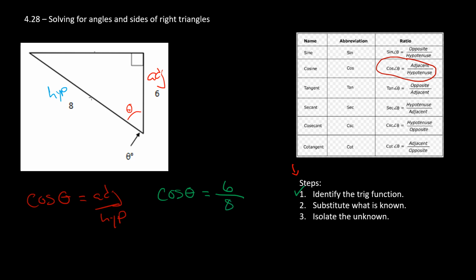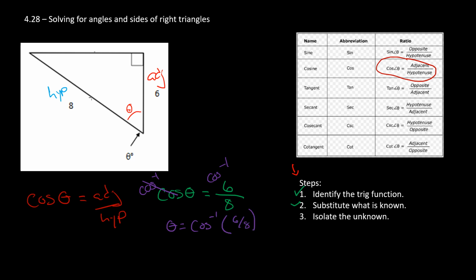So we've got 6 over 8, and now we're going to be isolating our unknown. If we want to get theta by itself, we need to simplify out this cosine. What simplifies the cosine? Now you guys are thinking it, you're going to say cosine inverse of both sides. So these simplify out, you're left with theta equals cosine inverse of 6 over 8.